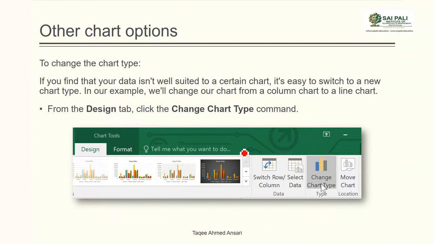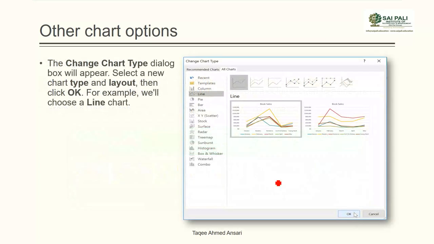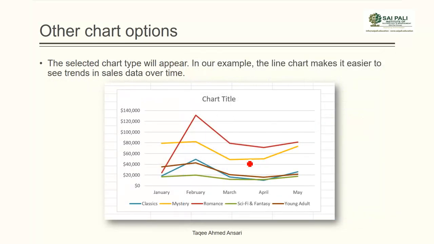Then if you like, you can also change the chart type. Suppose the chart is not able to represent your data properly, then you can change the chart type, and that is available here. Again in the Design tab, you have the Change Chart Type command. When you click on it, it opens a dialog box. From there you can choose what different chart you want, and the chart will change according to your selection.